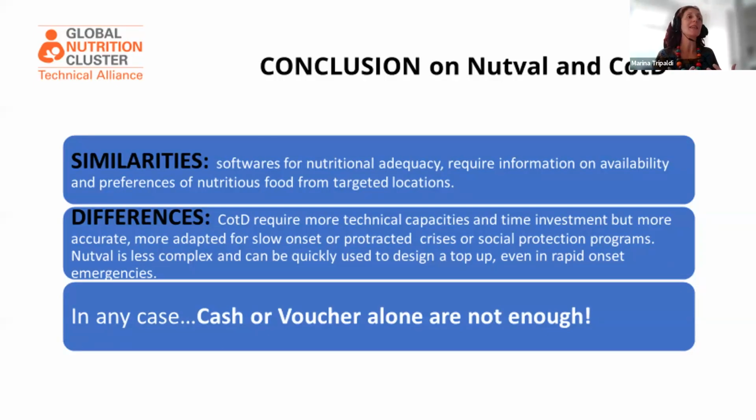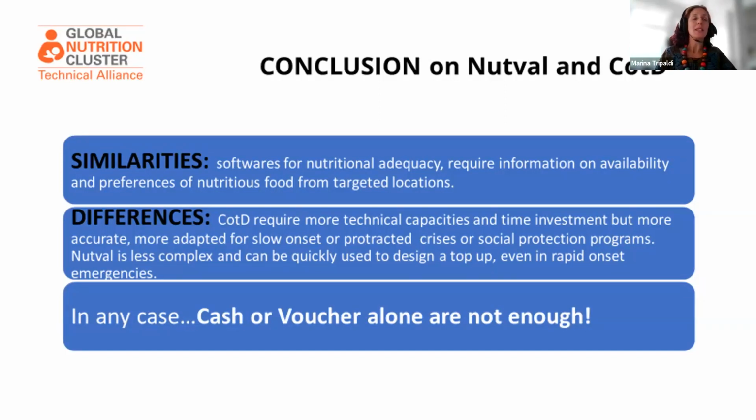We take all these elements into consideration to set up our social and behavioral change strategies. And we look at all the other barriers to undernutrition to understand what is the intervention that should be combined with CVA to really prevent or reduce child and maternal undernutrition.